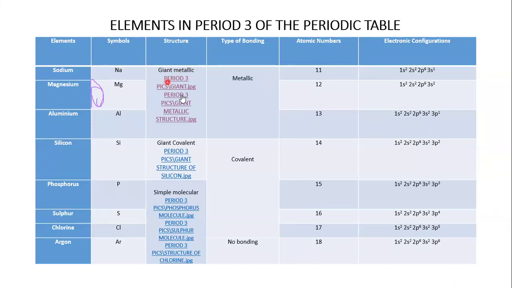So we can say that metallic bonds are formed by an interaction, which we call an electrostatic force of attraction between the positive nuclei of the metal atom and the delocalized electron, or we can call it between the metal ion and the delocalized electron.